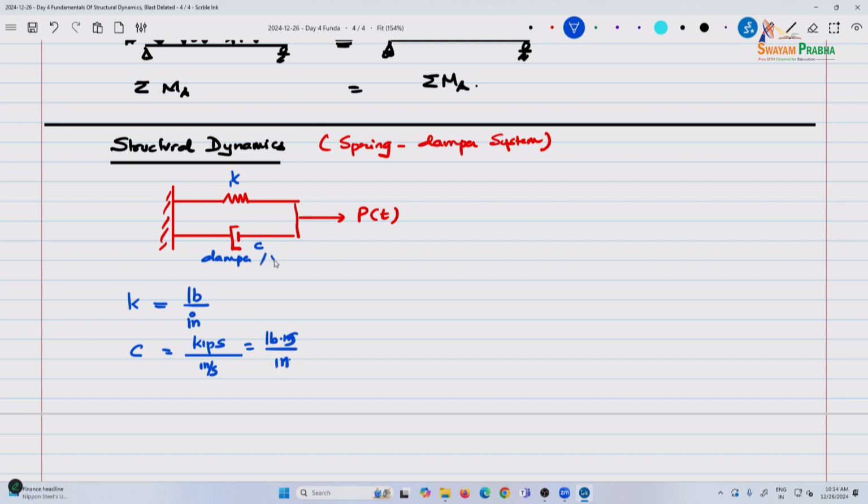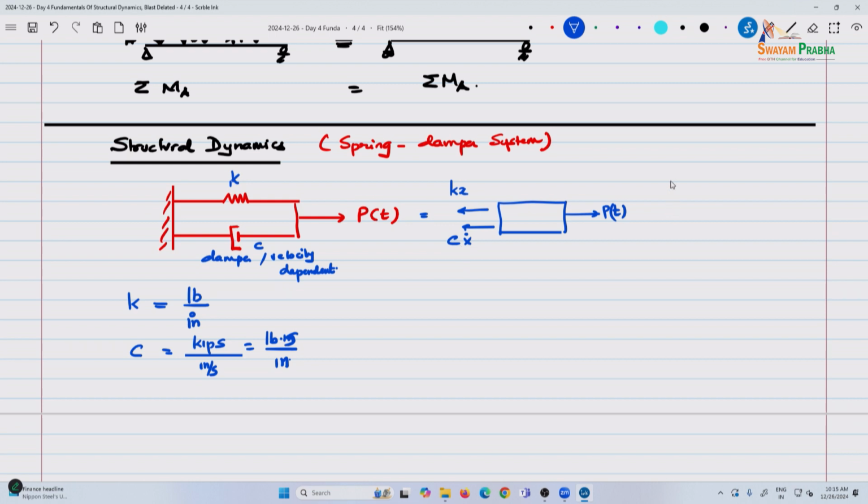So a damper force is velocity dependent. And so this whole thing is now represented by a mass and then you have P of t. The spring force is dependent only on x, the displacement, and the dashpot is dependent on c and x dot.